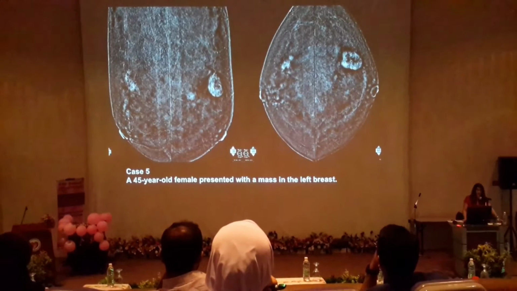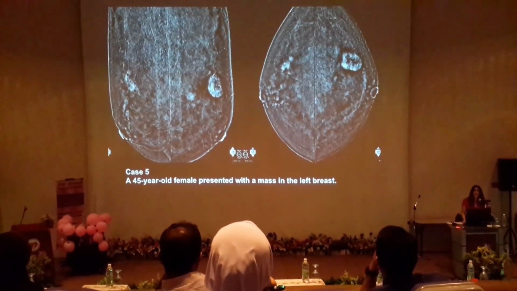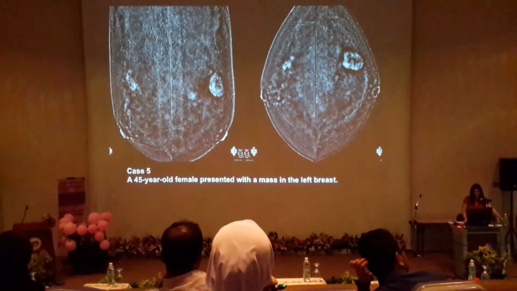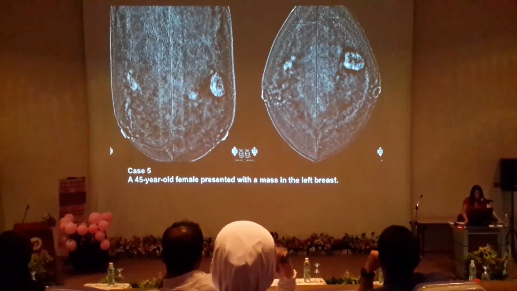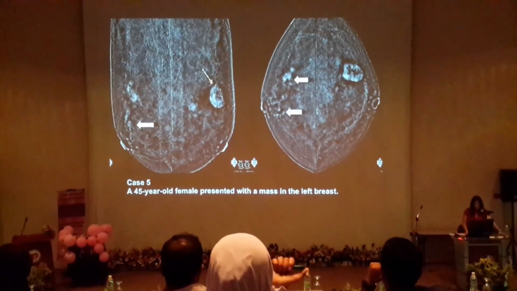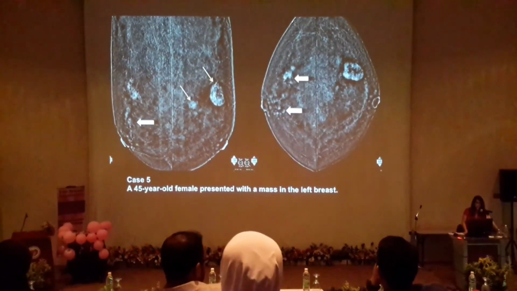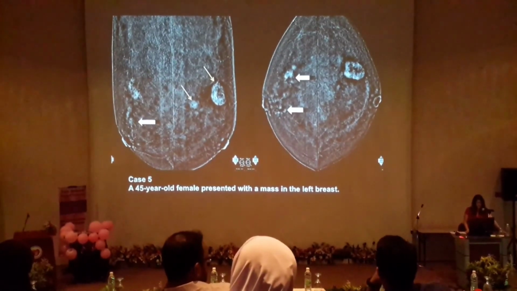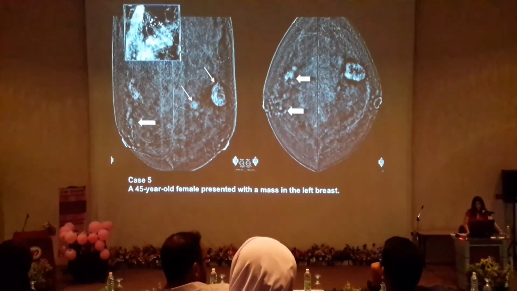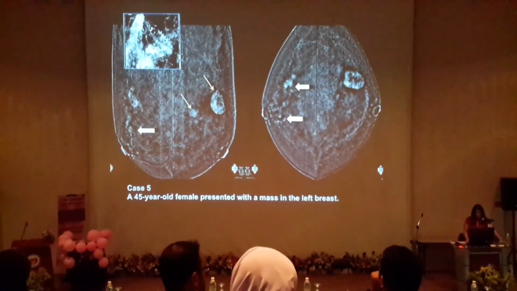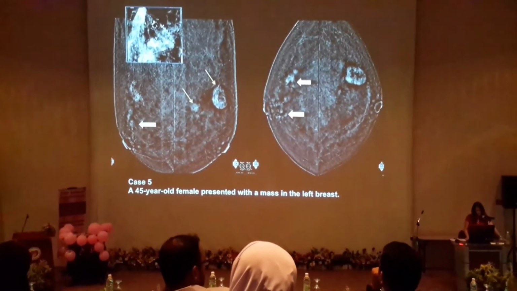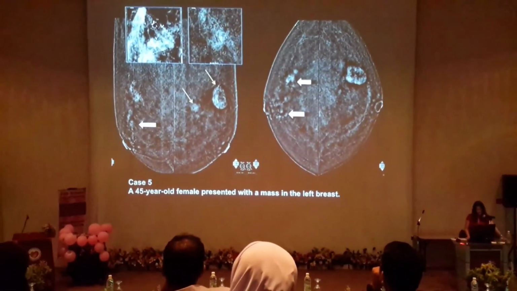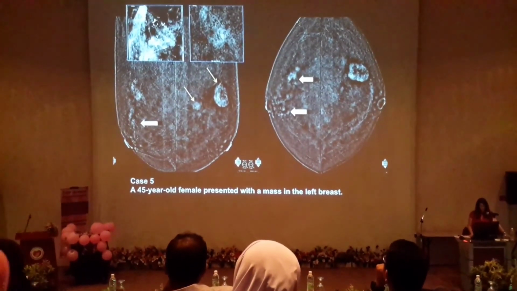We found an area of non-mass enhancement associated with the pleomorphic calcifications in the right breast. We found enhancement of another lesion posterior to the palpable lesion in the left breast. And this is what I wanted to show: calcifications on 2D and calcifications on contrasted.